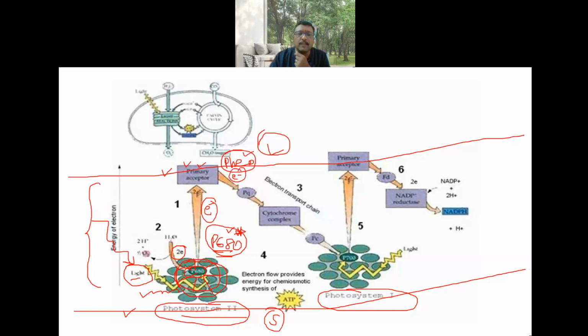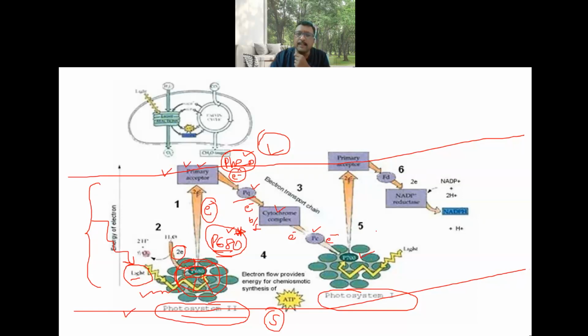Again, it is passed on to the plastoquinone pool, which transfers the electron to the cytochrome b6f complex, an iron-rich protein complex. From there, the electron reaches plastocyanin, a copper-rich protein electron carrier, where the electron ultimately reaches PS1.